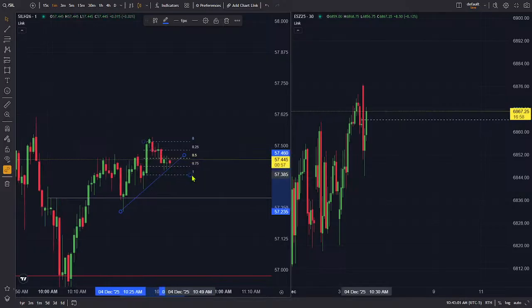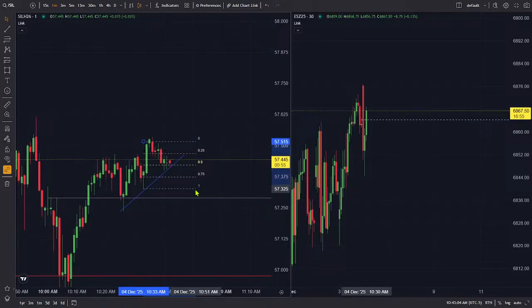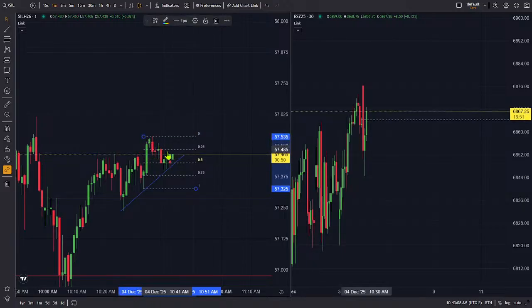We do this entire run. It's right in the middle of it.